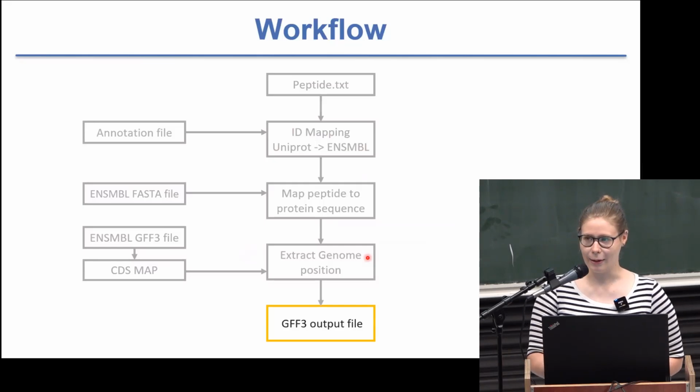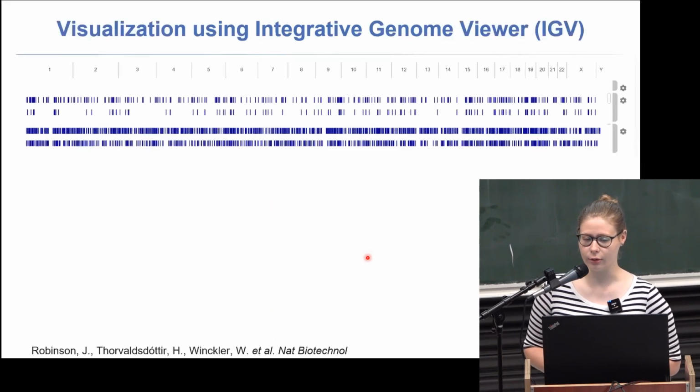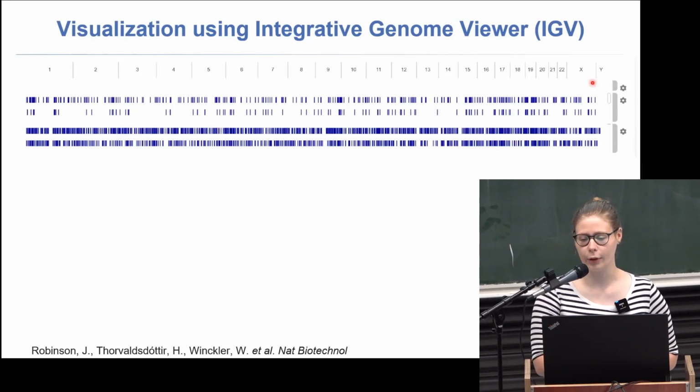So I have a GFF3 output file, which can be used for visualization. I use the Integrative Genomics Viewer. I feel like if you've done transcriptomics or genomics, you might have come across this one. If you upload your file, this is precisely how it looks.